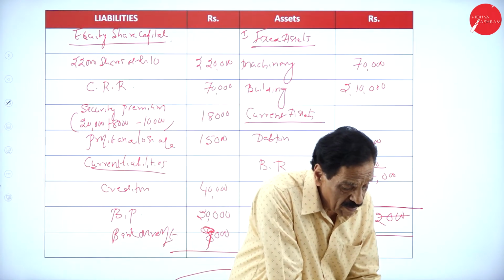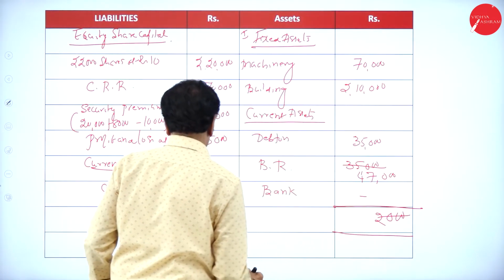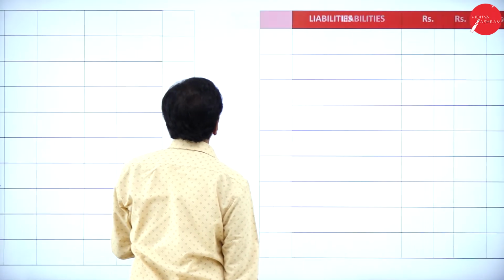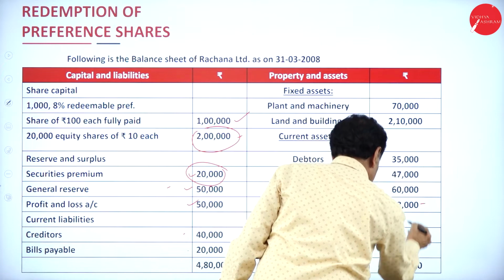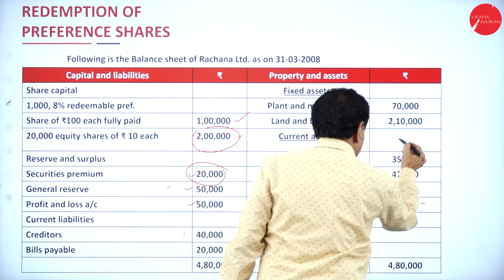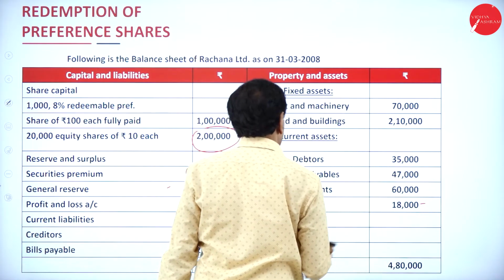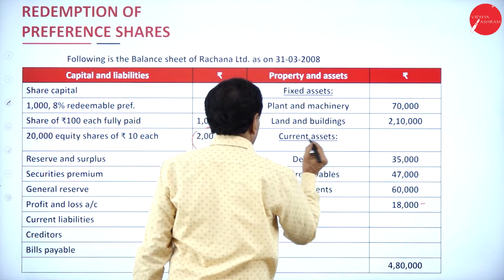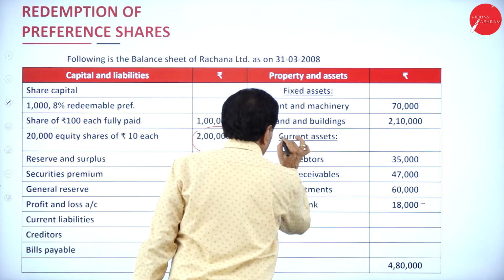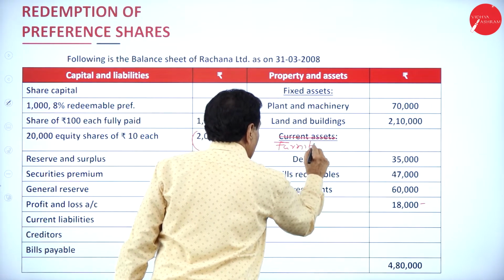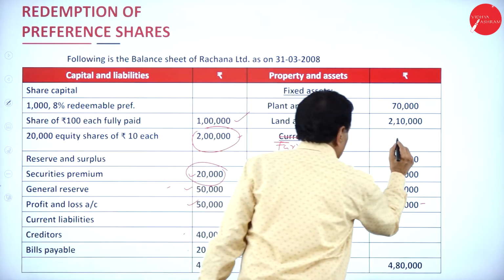So totally, if you go with the balance sheet now, here is one more left out: furniture. The balance sheet is not 40,000.